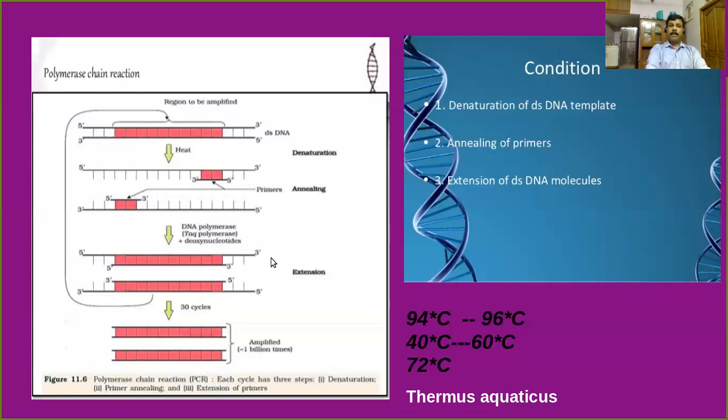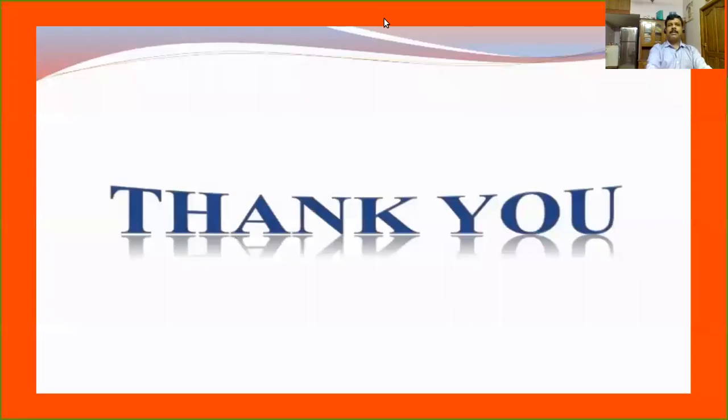We will get billions of DNA or gene copies. And this DNA we can utilize for ligating with the vectors for the construction of recombinant DNA. These are the two most important steps, the gel electrophoresis and the polymerase chain reaction.